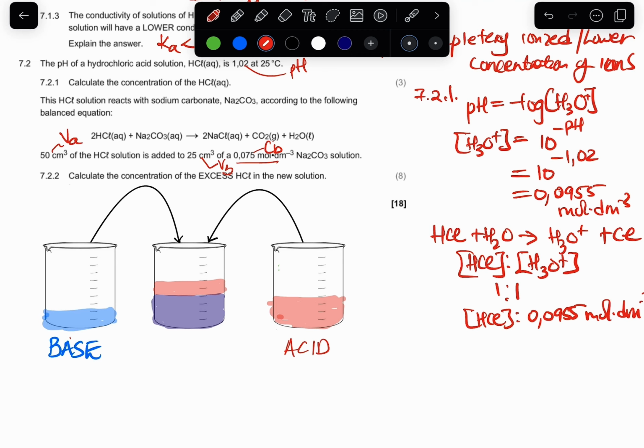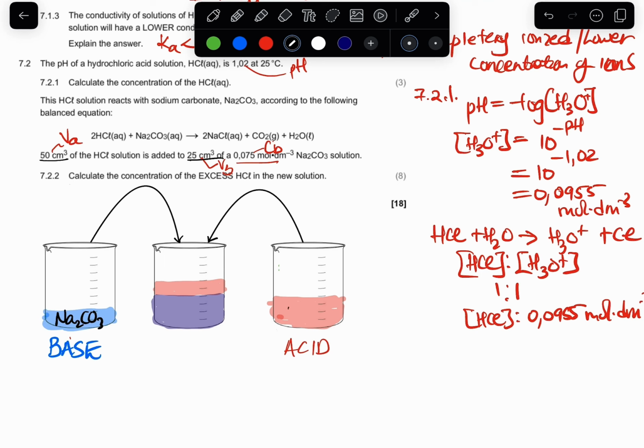Now the question says these two are added. This base is sodium carbonate. If you look at the volumes here, we have 50 and 25.